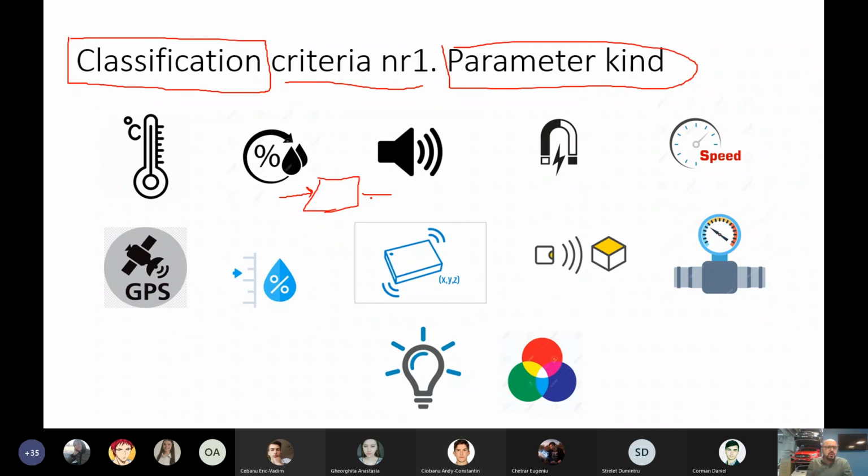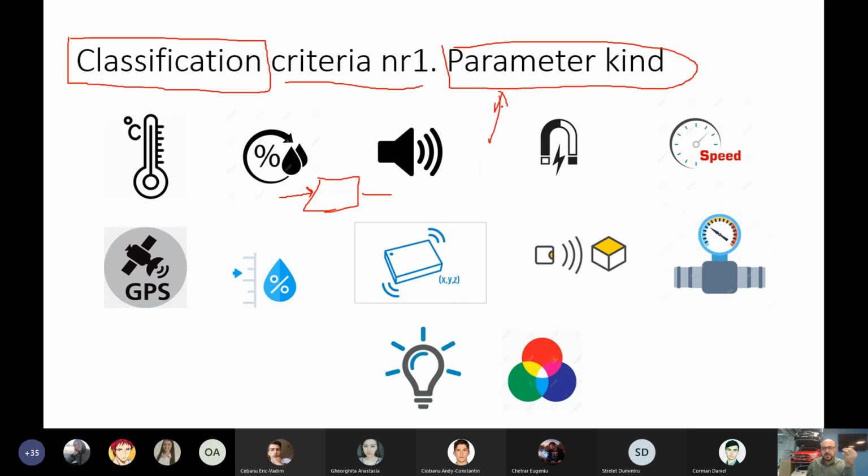Similar to the temperature, we can have some materials that change their properties according to a level of temperature.